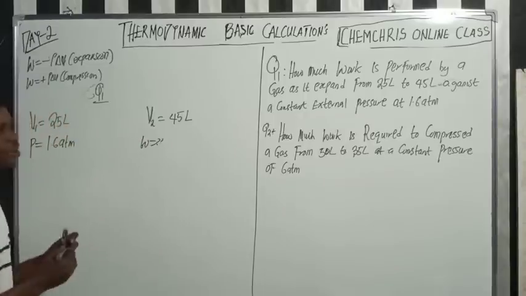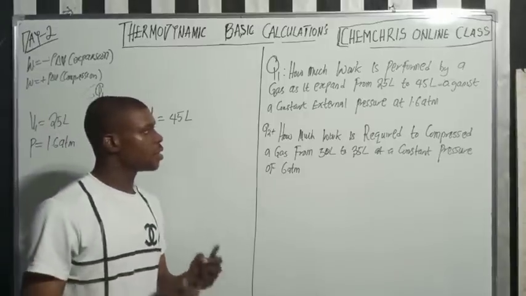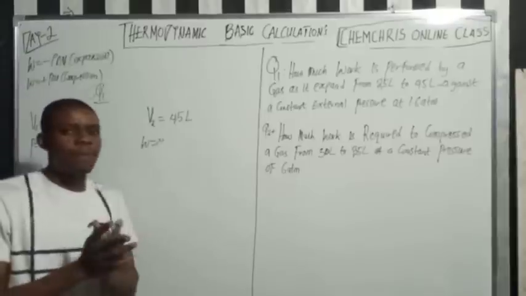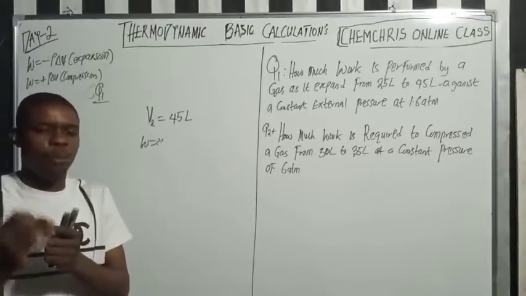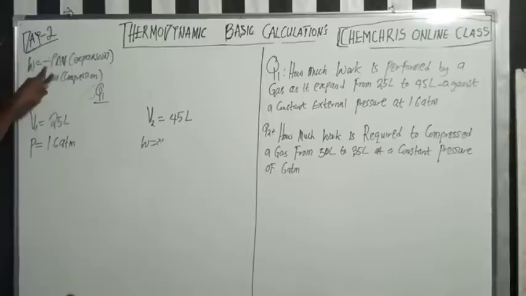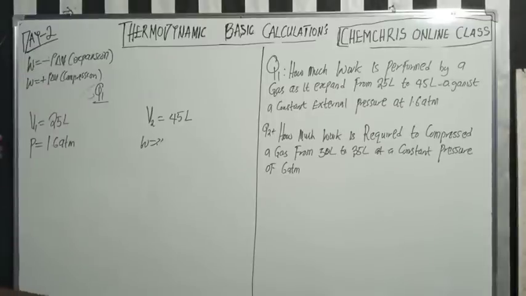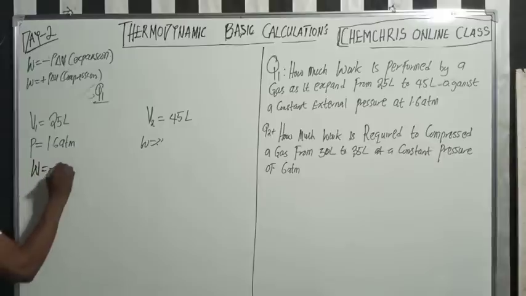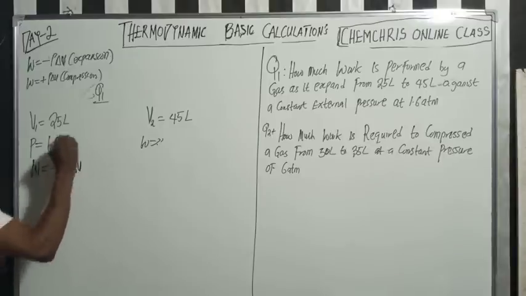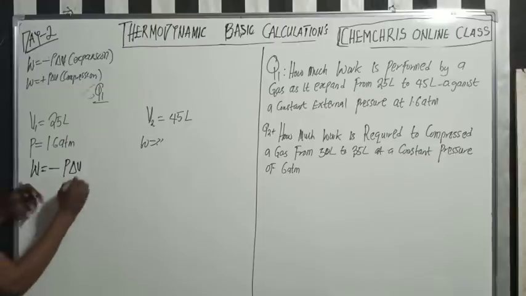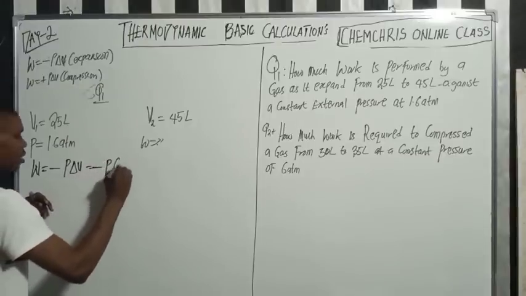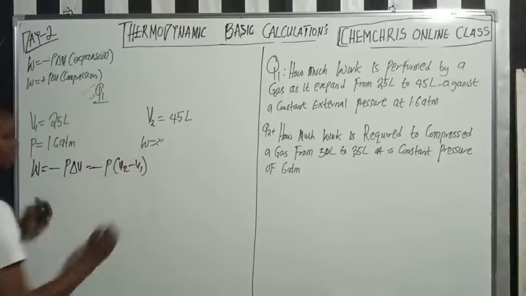Then the work done. Because they say expansion, my final value of work must be negative. So I use the first one here: W equals minus P change in V. Remember here we have minus P times V2 minus V1.